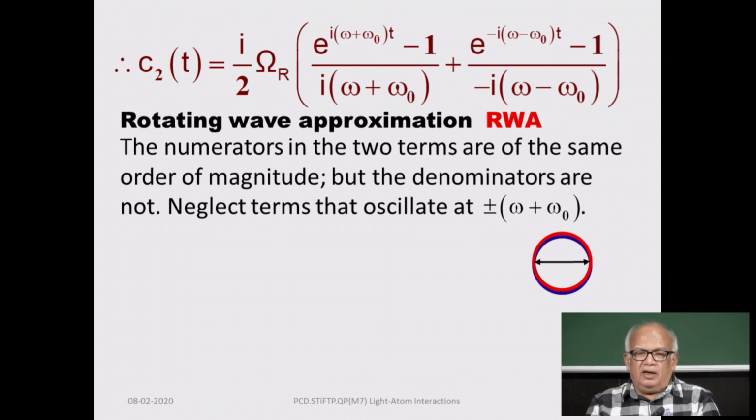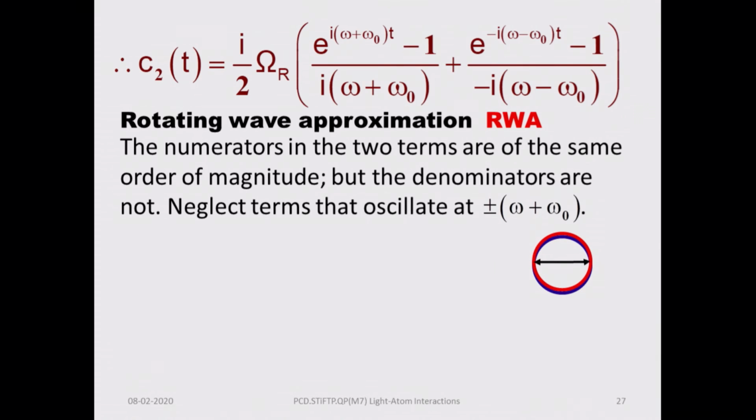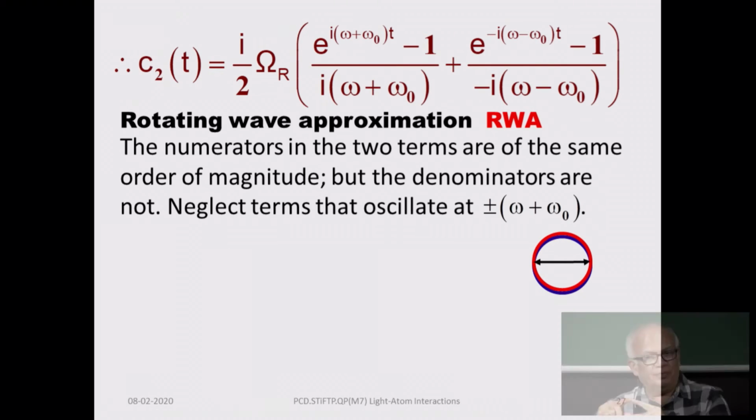So, we now make an approximation which is called the rotating wave approximation, RWA. We will introduce it more formally a little bit later, but for the time being I might remind you that we have in a certain sense already used this in our discussion when we talked about transitions between two state systems, when we talked about qubits in our previous unit on Introduction to Quantum Computing.